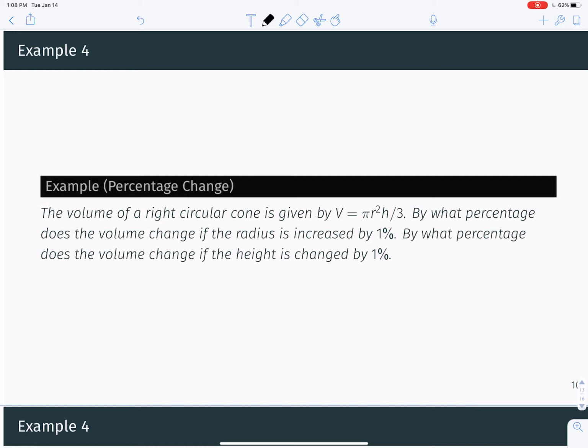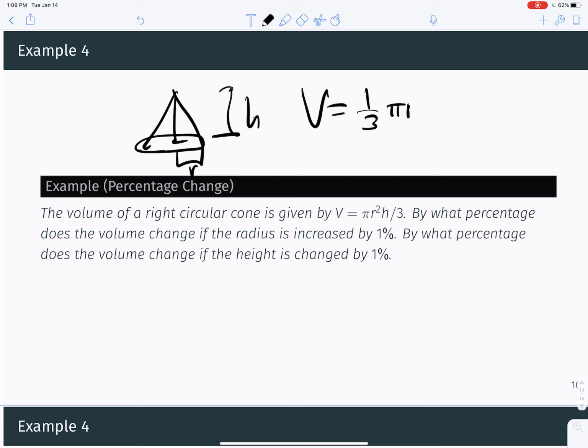And then one last example, I call this a percentage change problem. Looking at the volume of a right circular cone. So here's a right circular cone. It's got an r and an h, and the volume is given by 1/3 pi r squared h. If we did this same kind of thing, we could figure out what V_r is. That would be 2/3 pi r h. We could figure out V_h.